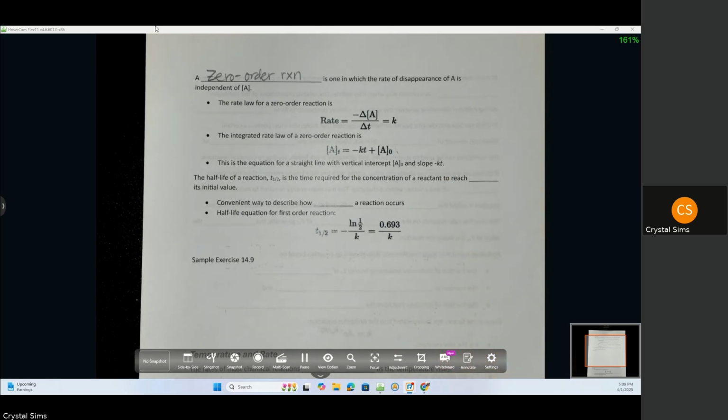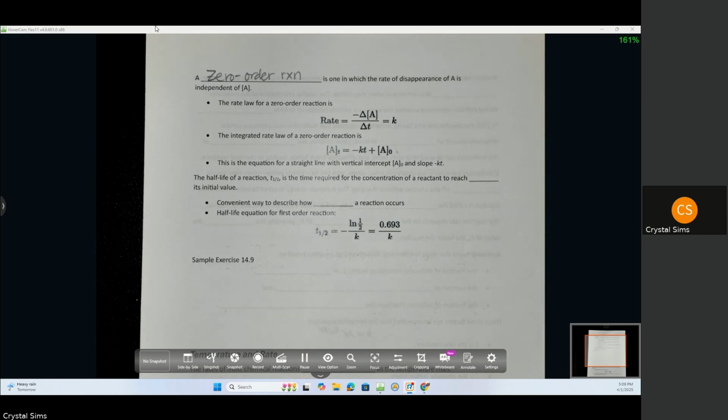So the most common type of zero order reaction that we have is when a gas undergoes decomposition on the surface of a solid. And if we have a solid surface and that surface is completely covered by those decomposing gas molecules, the rate of reaction is constant because the number of reacting surface molecules is constant.